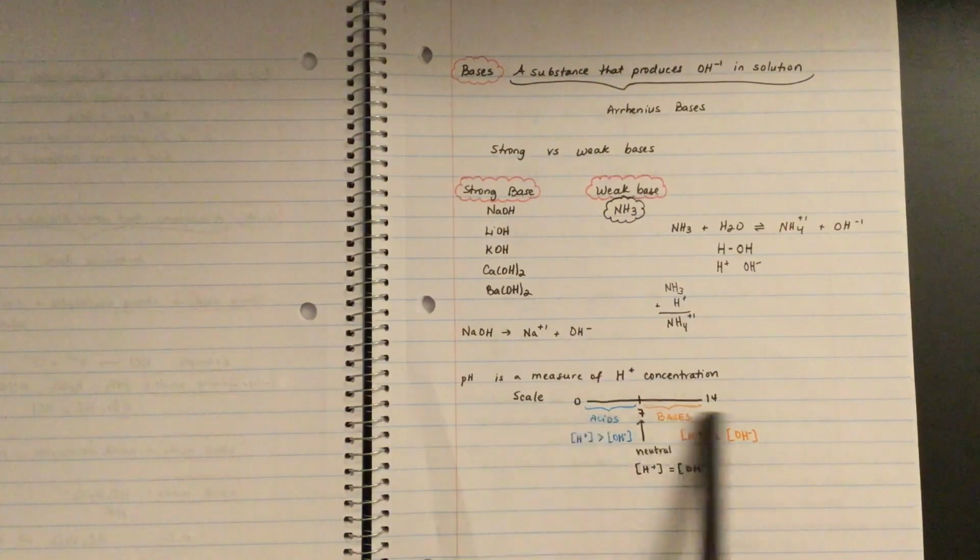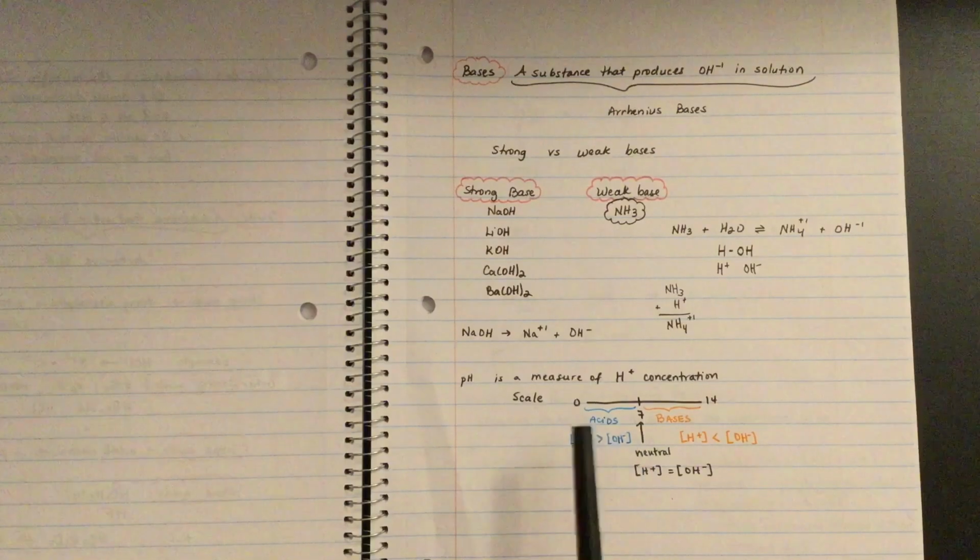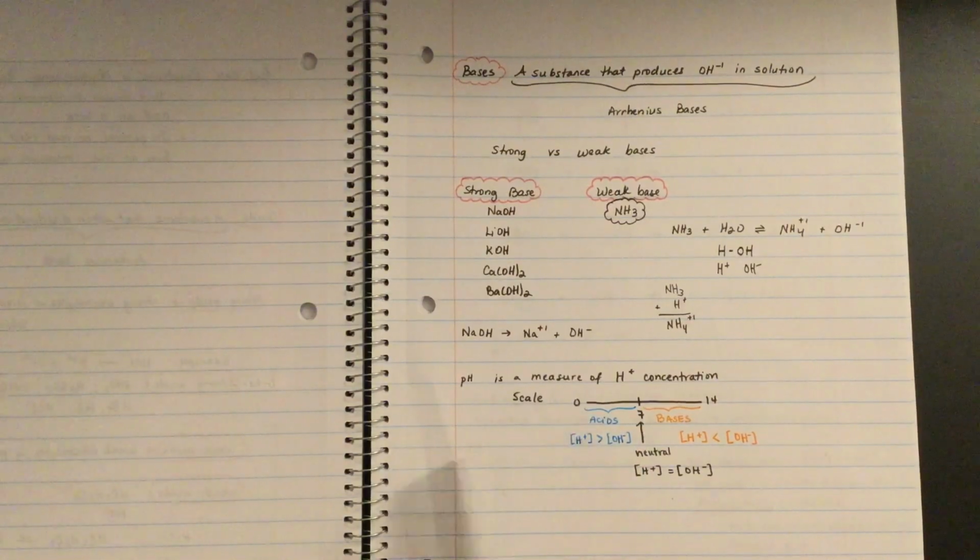So there's a numerical scale that we use, and this is something that is used in any general chemistry class, from 0 to 14, but you can have negative values for pH. There's a way of calculating pH values using an equation, and depending on your concentration, you can actually get a negative value for pH.